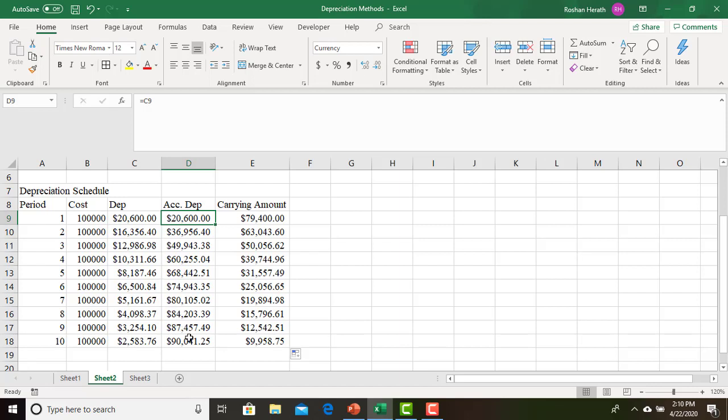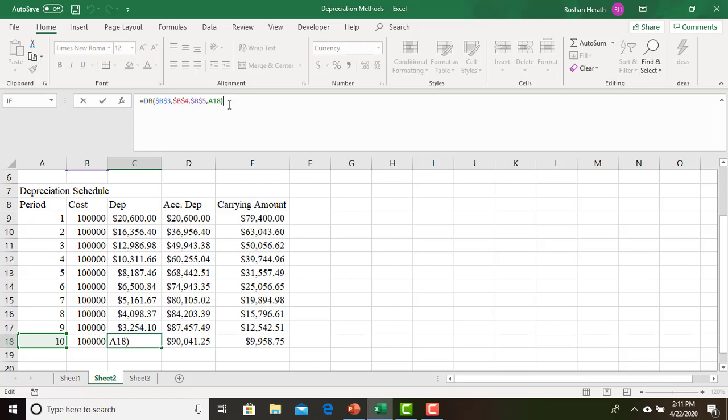But when you encounter a situation of this nature, it is recommended to make a manual adjustment for that. You would likely encounter a slight difference. It is just 41.25 that is over depreciated. So what I would suggest is you go to this depreciation figure and manually deduct 41.25, the excess amount.